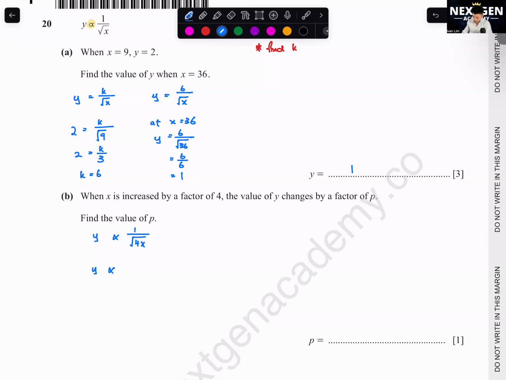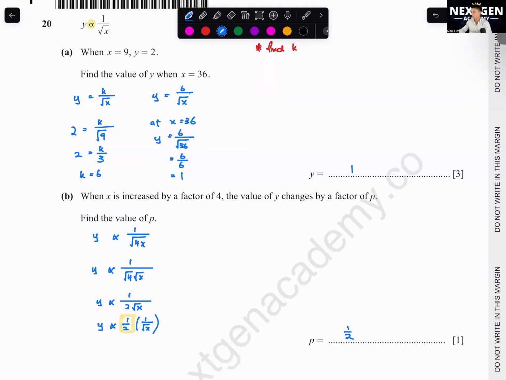Can simplify or not? Okay, we can write it like that. So for square root x, which is 1 over 2 square root x. Okay, so the value of p right now, it changes by a factor of 1 over 2.